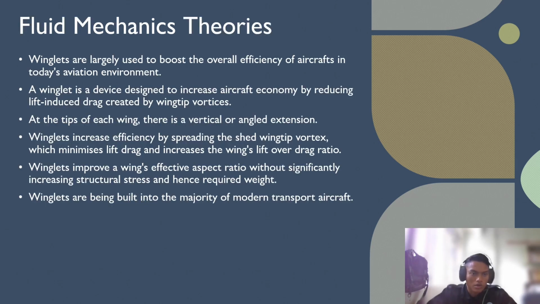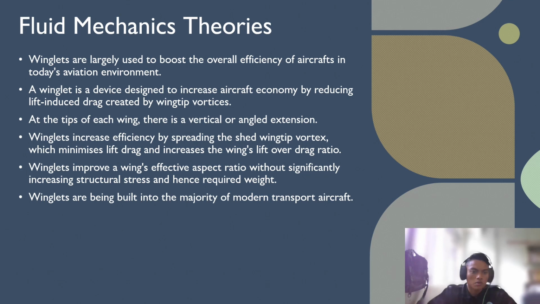So the theories. Winglets are largely used to boost the overall efficiency of aircraft in today's aviation environment. A winglet is a device designed to increase aircraft economy by reducing lift-induced drag created by wingtip vortices.